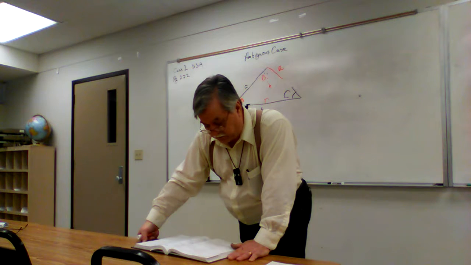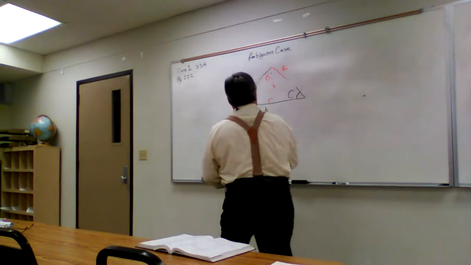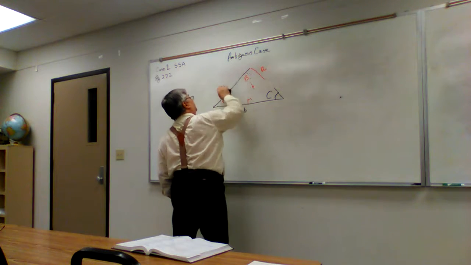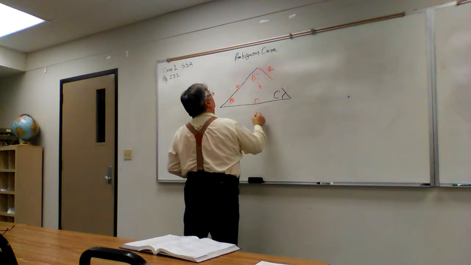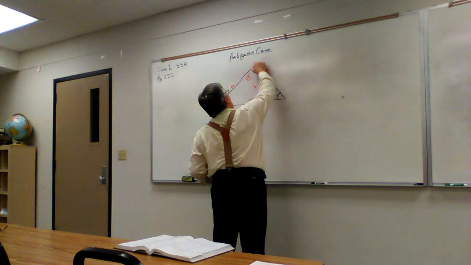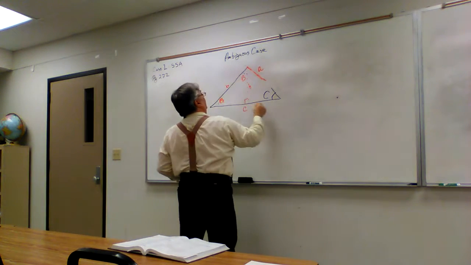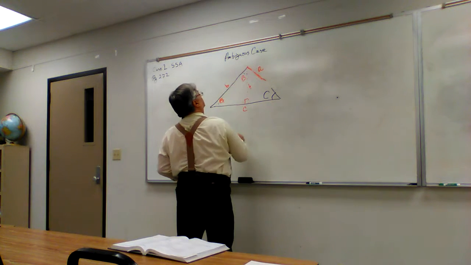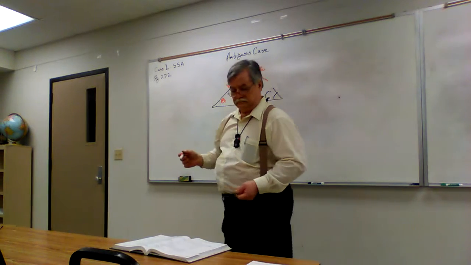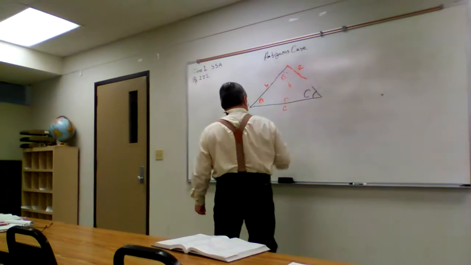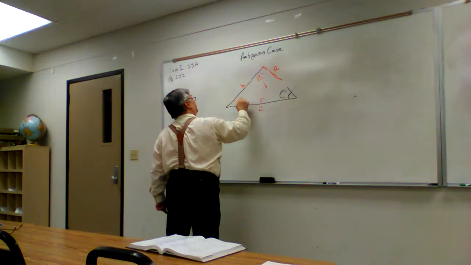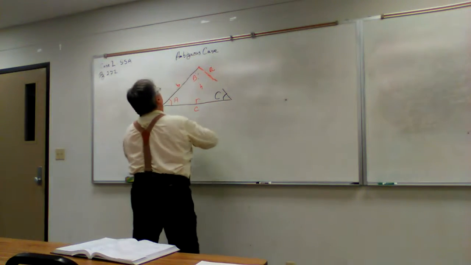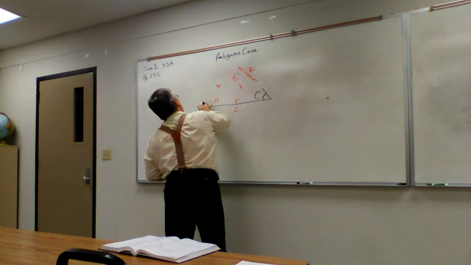They don't specify this here, so let's figure out which ones they say are known. A and B and angle A. They're saying that we know this length A and we know this length B. And we know this angle A. All right.